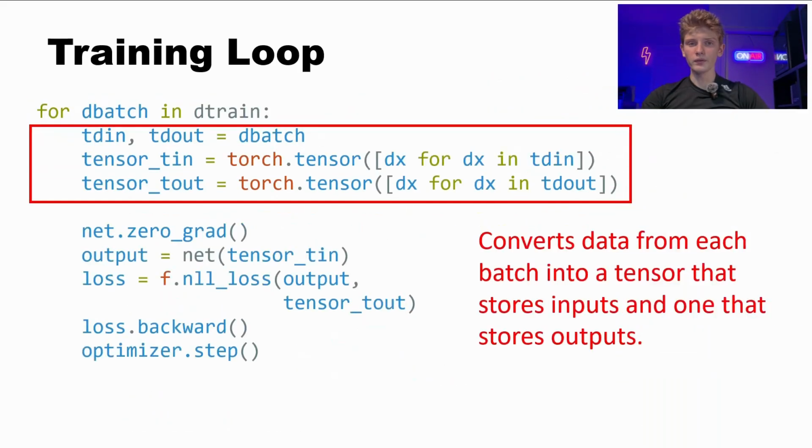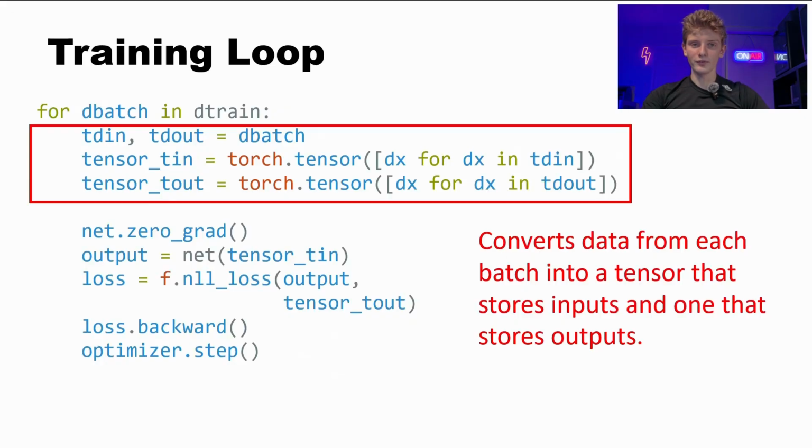In this first part of the loop, we're just managing the data. We first break down our batch into the set of inputs and outputs. We then store the values of our inputs and outputs in tensors. Tensors are the primary data structure that libraries such as PyTorch use for storing and working with data.